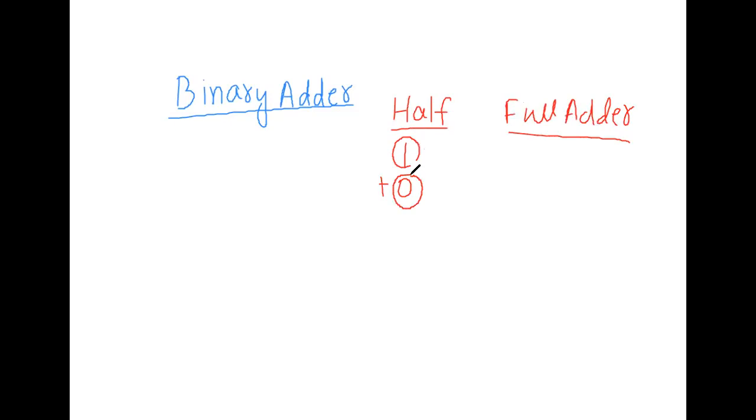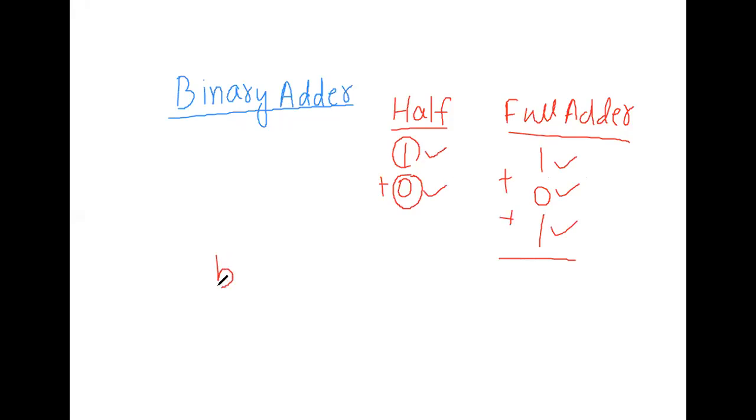We have the permission to add two single bits only. But in full adder, we can add three bits, like 1, 0, 1. All the combinations we already know. So full adder means three bits can be added, while in half adder only two bits can be added.